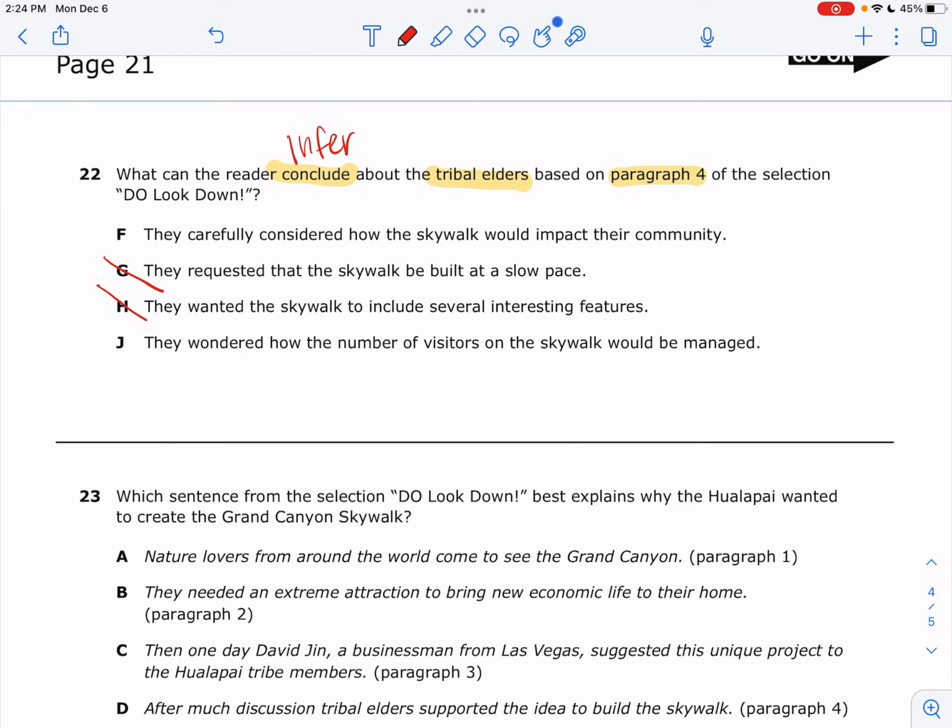J, they wondered how the number of visitors on the skywalk would be managed. Nope, it didn't necessarily talk about that. It really talked about the opportunities that it was going to provide, and also how they had to work with certain people to figure out what all it was going to take. So I believe F would be the best answer because of those job opportunities that it was going to have.